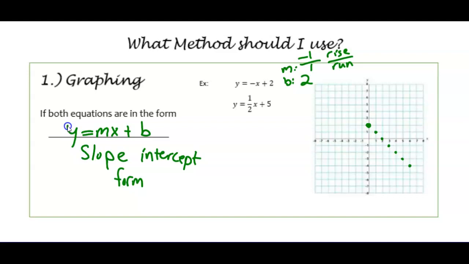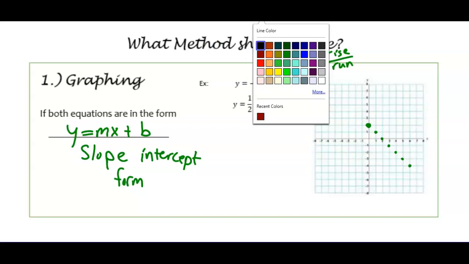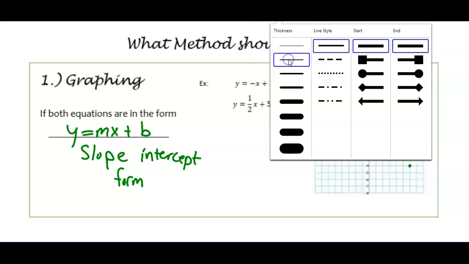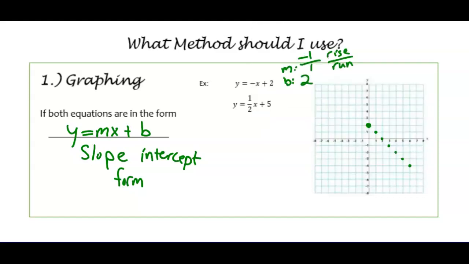Okay? I'm going to change my color. What is my y-intercept or my m for the second equation? 1/2. Positive 1/2. So that, again, is my rise over my run.